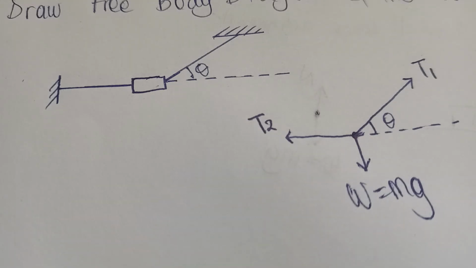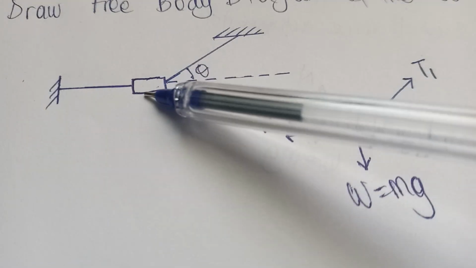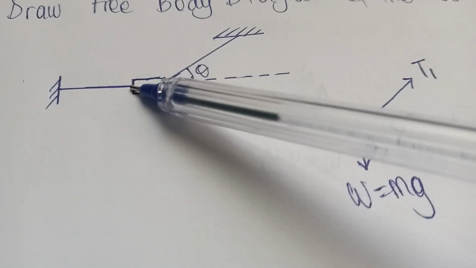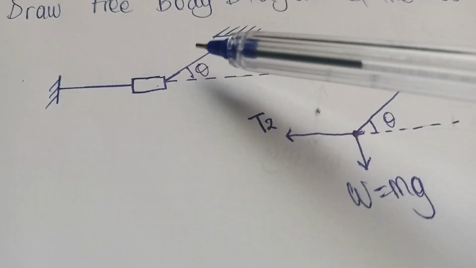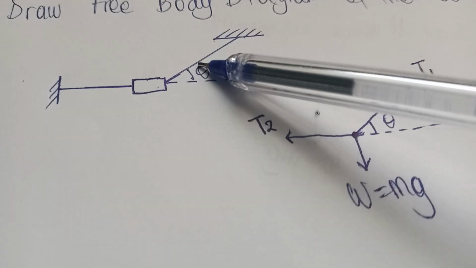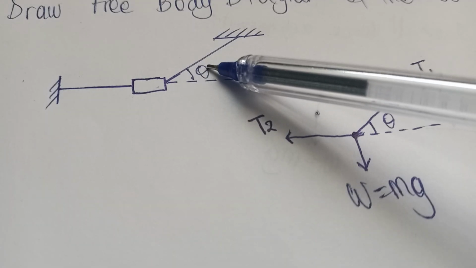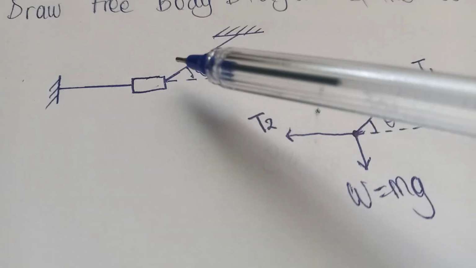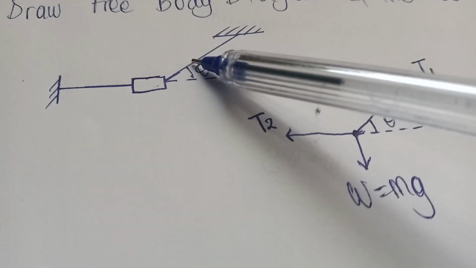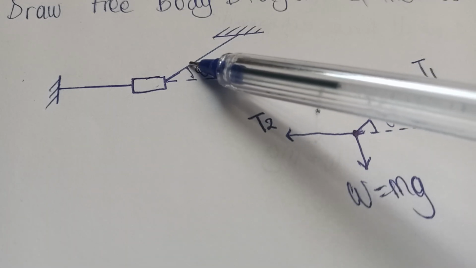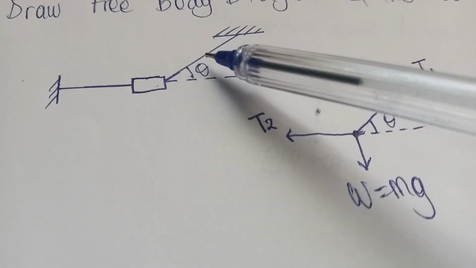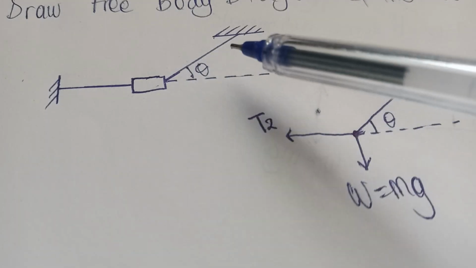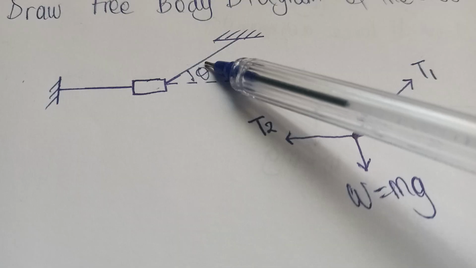I want you to assume you are this block holding on to two strings. One is over here and the other one is over here. What will you feel? First of all, you will feel as if this string is the one trying to stop you from falling down, pushing you towards this direction.